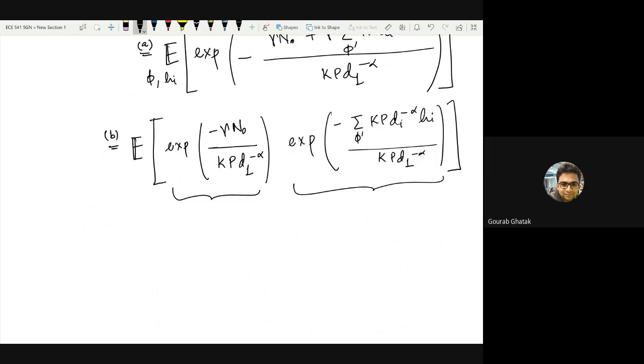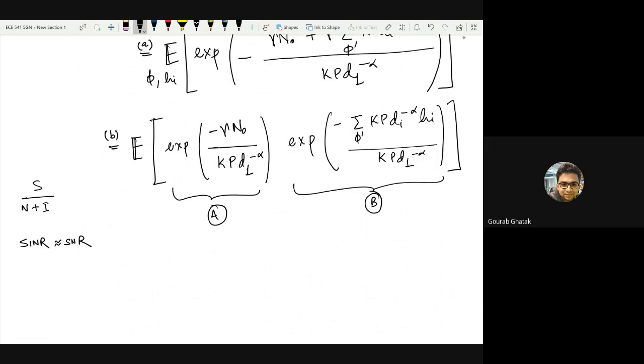The impact of the interference is together forming a part of expression B. So in case you want to find out the performance of the network which is noise limited, which means your interference is so low that SINR is almost equal to SNR. Remember, SINR is signal by noise plus interference.